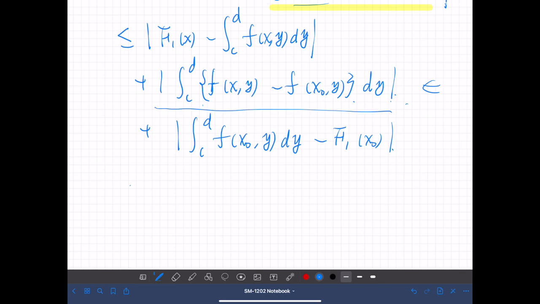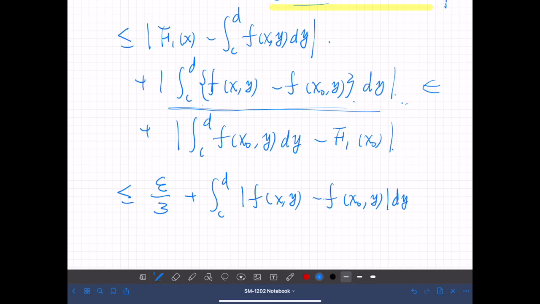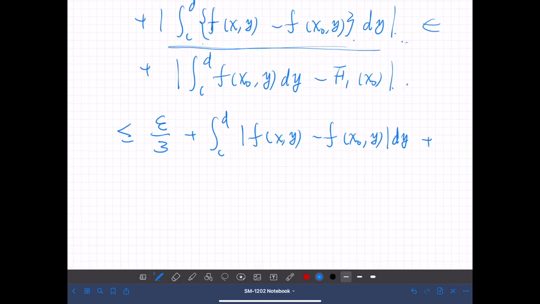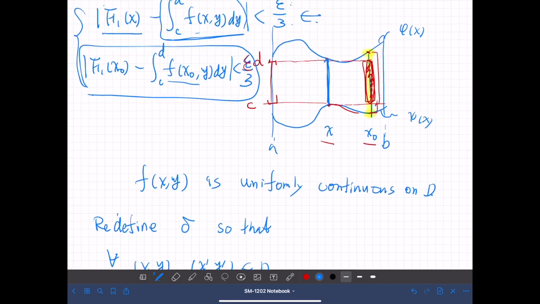So this one, we have seen, is less than epsilon over 3, and the second one is less than or equal to this integral. So we move the modulus symbols inside the integral. And the last one is also less than epsilon over 3 because of this.